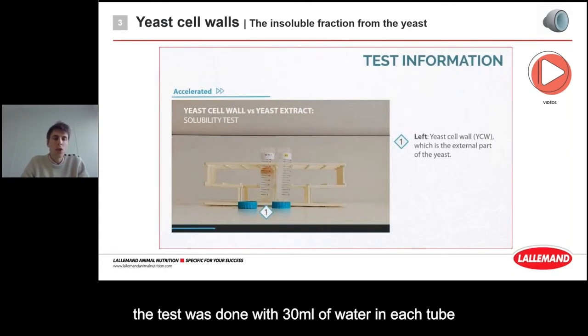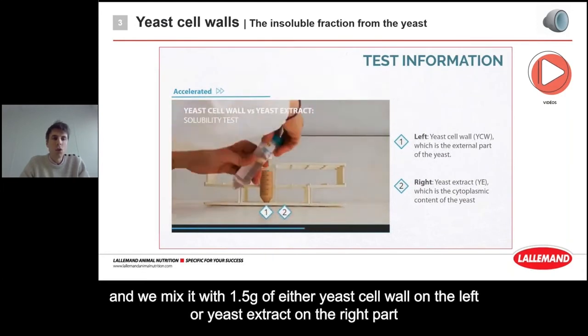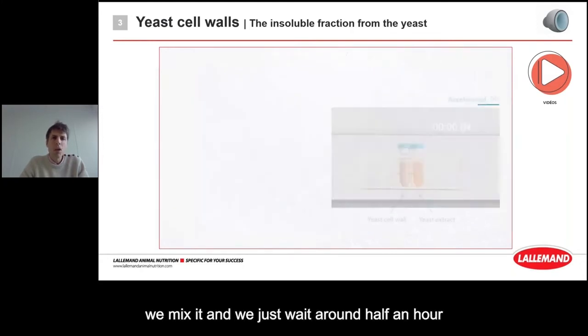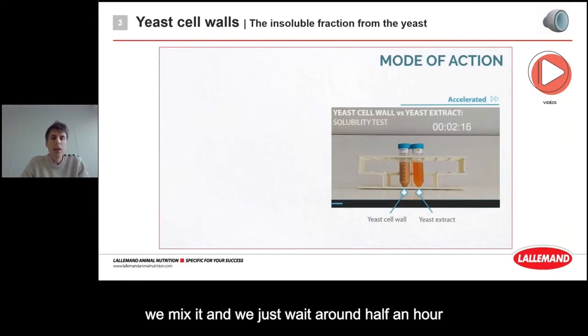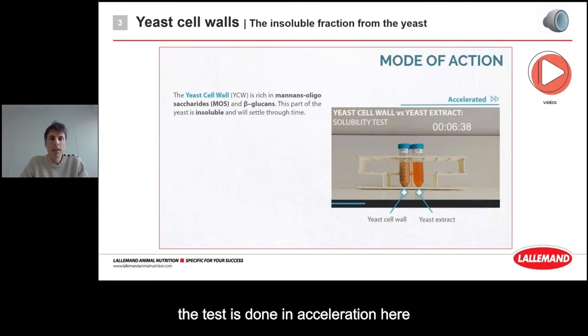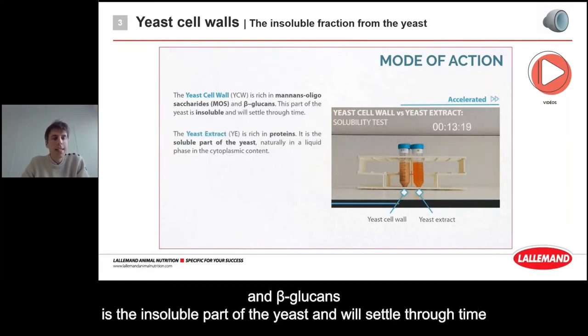The test was done with 30 milliliters of water in each tube, and we mix it with 1.5 gram of either yeast cell wall on the left or yeast extract on the right part. We mix it and we just wait around half an hour. The test is done in acceleration here, but the yeast cell wall, which is rich in mannan-oligosaccharides and beta-glucan, is the insoluble part of the yeast and will settle through time.